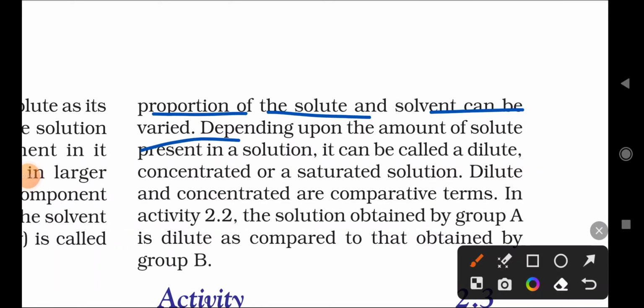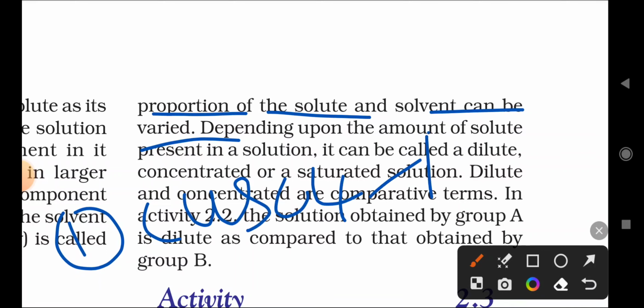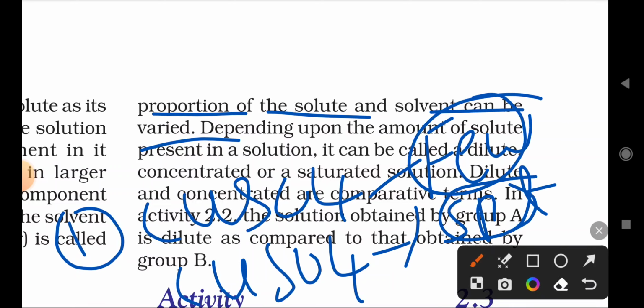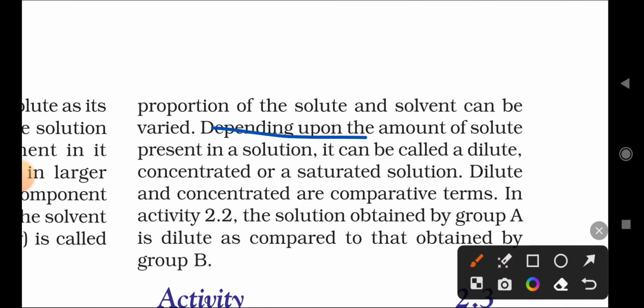In the first case, group A has only a few crystals of copper sulfate, but in group B there is a full spatula of crystals. Means the amount of copper sulfate is different in A and in B, so it can be varied, depending upon the amount of solute present in a solution.